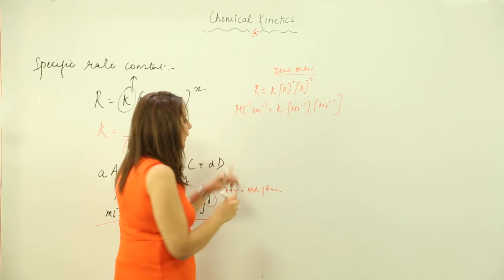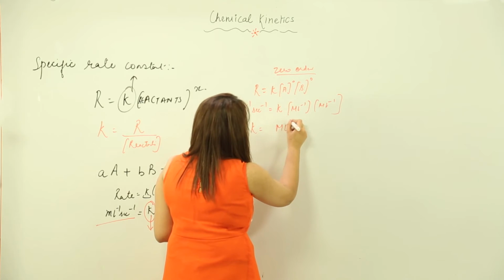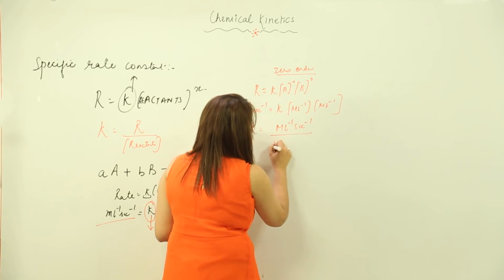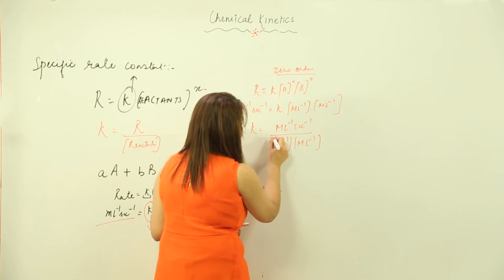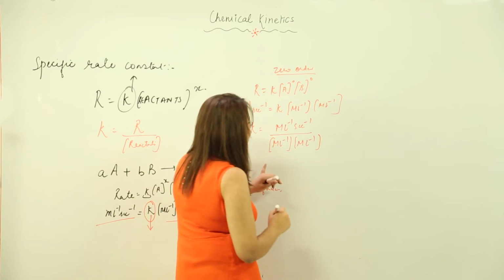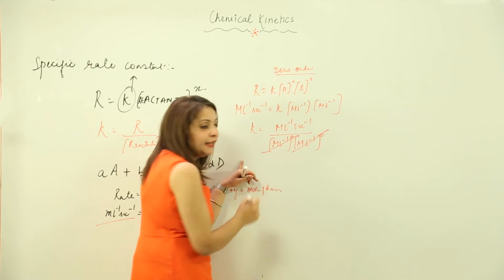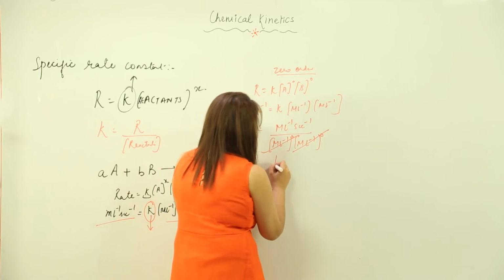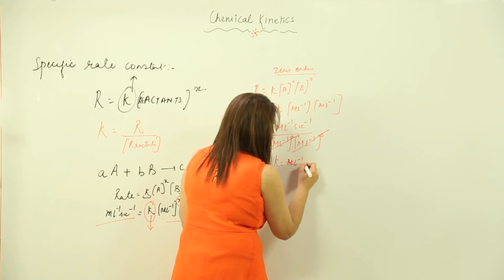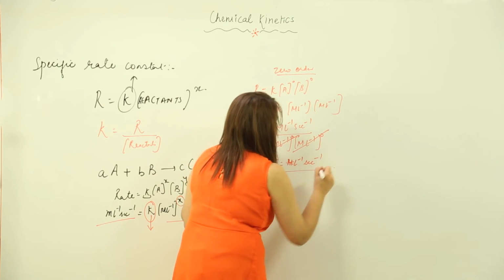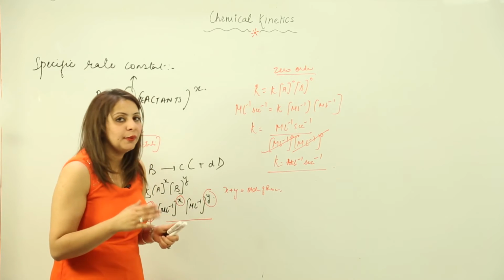To find the unit for K, I just shuffle them: K is equal to moles per liter per second divided by moles per liter, again moles per liter. But as we know, these powers are actually 0, so they can be neglected. So for a zero order reaction, the unit is going to be moles per liter per second.